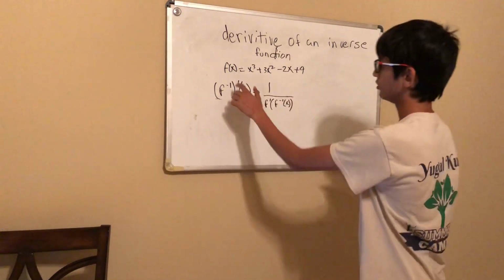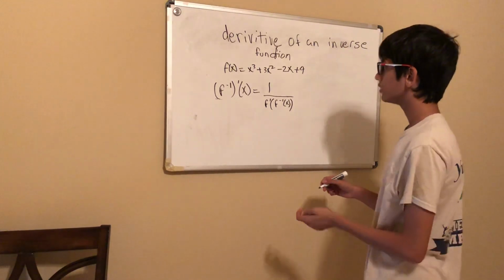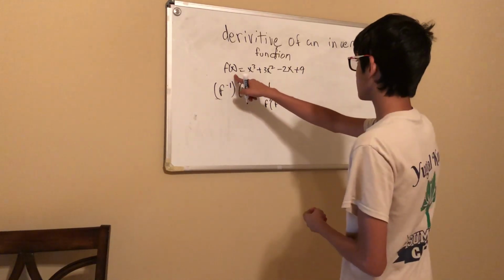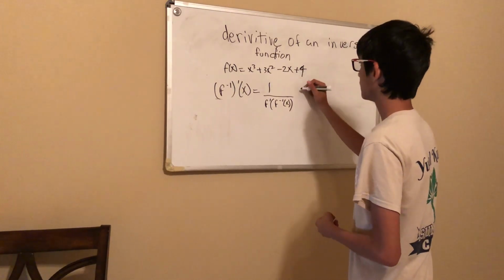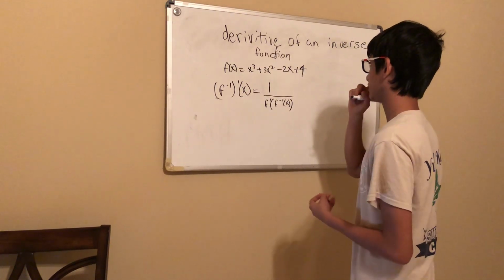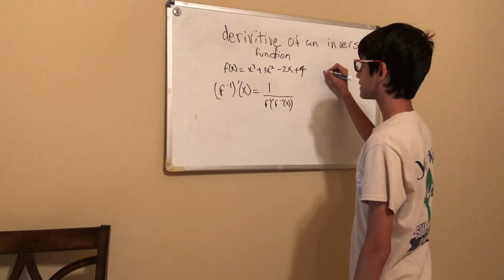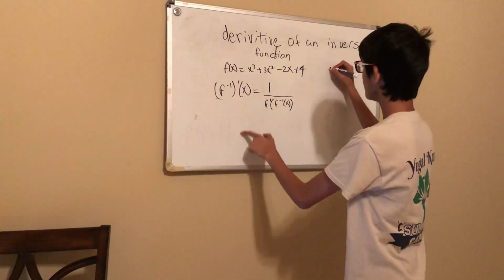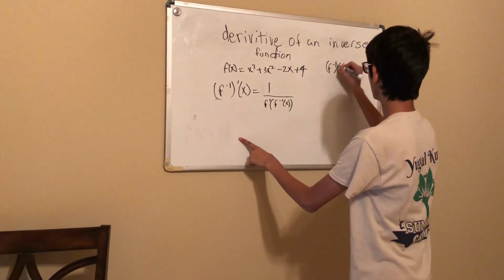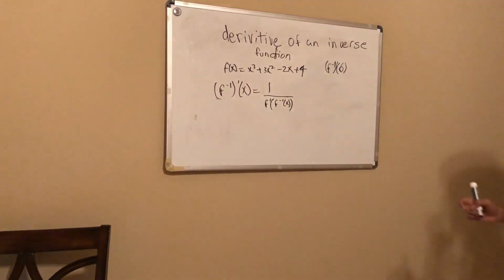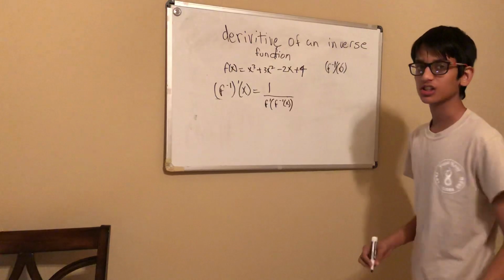So here, we can do this, right? So it'd be like, find the derivative of f of x, this is a 4 by the way, at point, let's say 6, right? So find f inverse prime of 6. So this is saying that the y value of f of x is equal to 6, right?